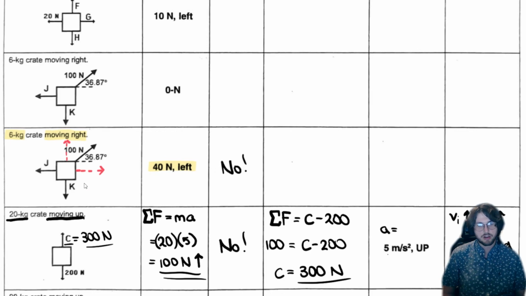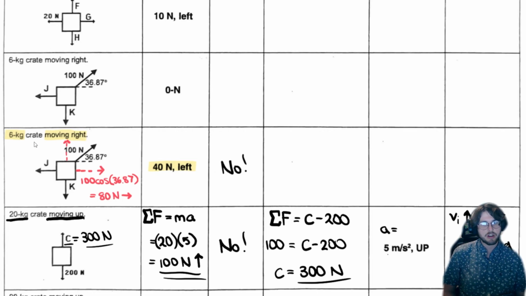So this force over here, let's go ahead and find that. It would be 100 newtons times the cosine for horizontal of 36.87. And so this force is going to equal about 80 newtons to the right.